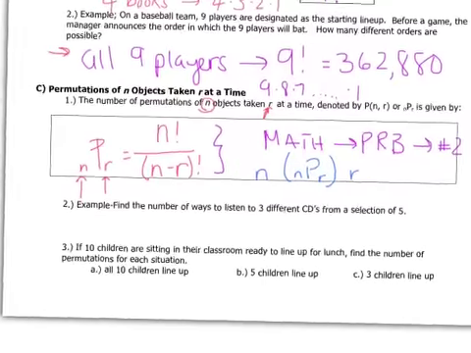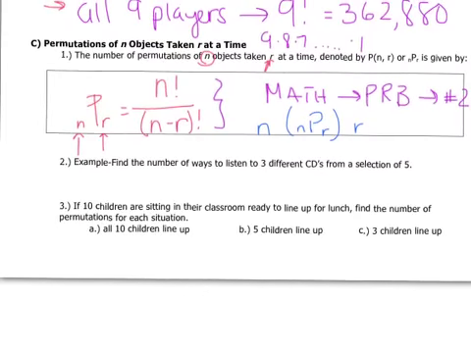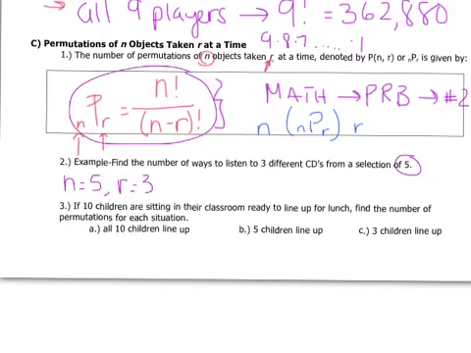So, for example, find the number of ways to listen to 3 CDs from a selection of 5. That means our total number, n, is 5. The number we're picking or choosing is 3. Again, you could use the formula if you want, but because we have these calculators, we might as well use them.